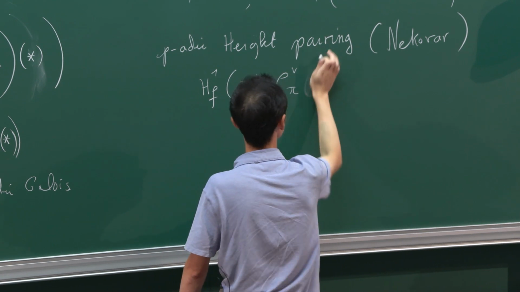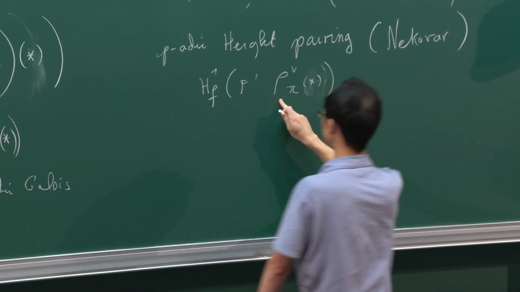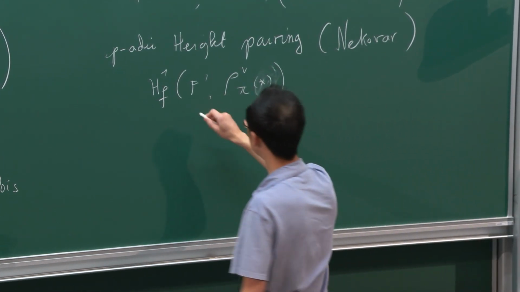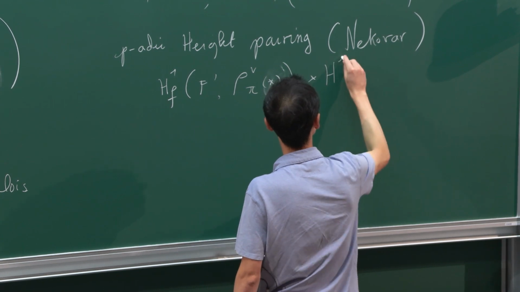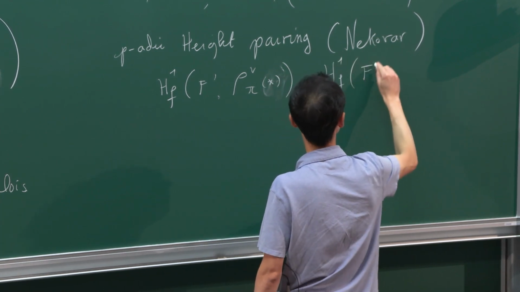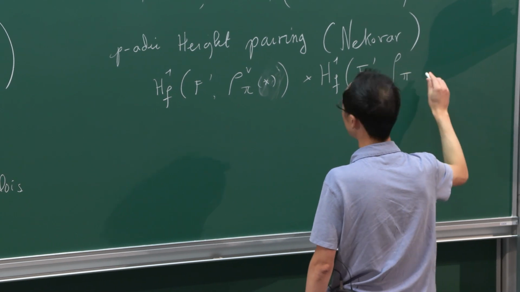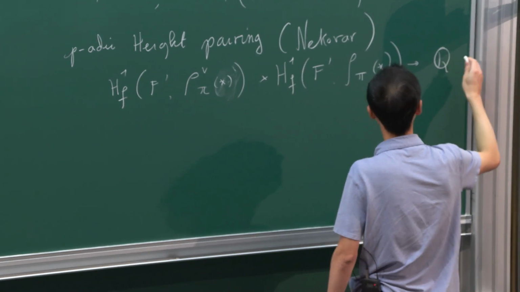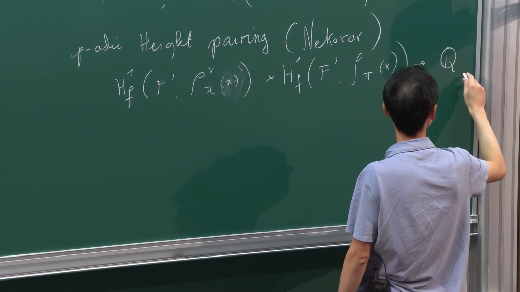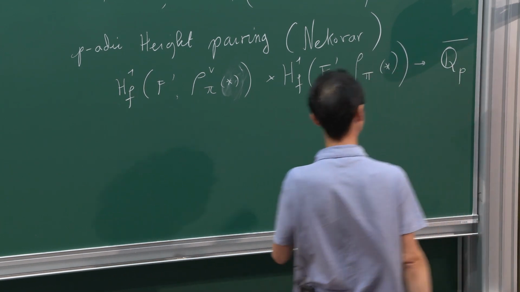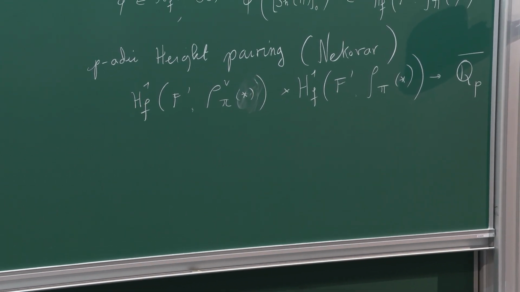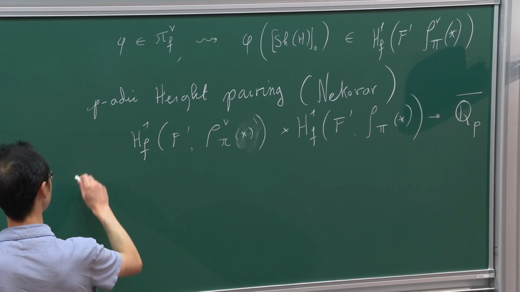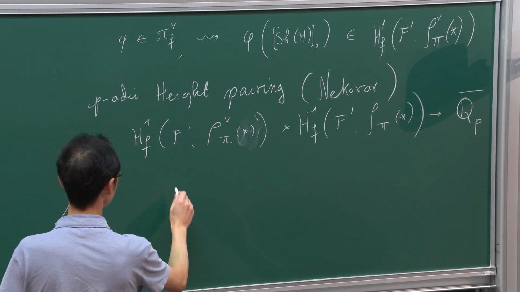The theta twist is to guarantee that after you make the twist, this whole thing is of weight -1. So here you have this pairing. Since I have extended the coefficient to Q_p bar, let's say I have Q_p bar value. So it makes sense to evaluate the p-adic height pairing.